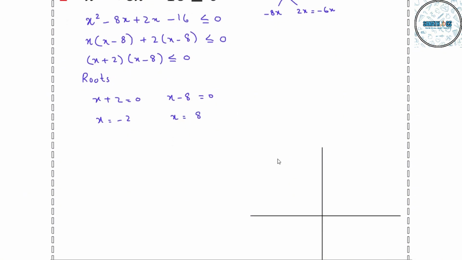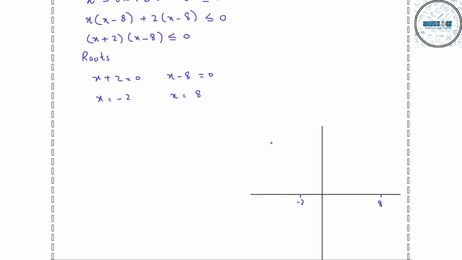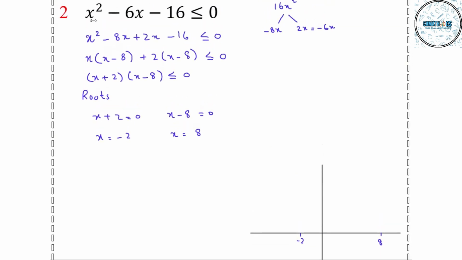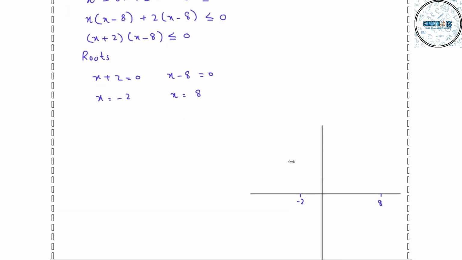Now we'll mark these on the grid. Minus 2 we can mark here, 8 we can mark over here. Then we can sketch the curve. As we can see, the coefficient of x squared is positive, so the curve is to be a minimum curve.